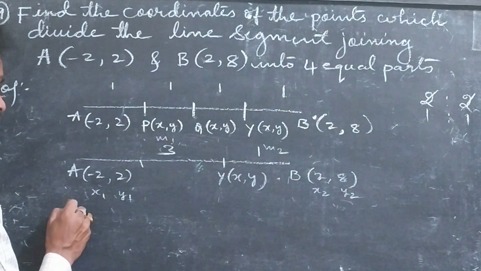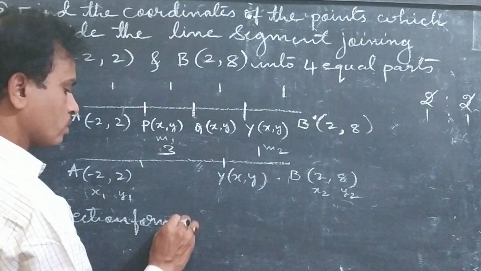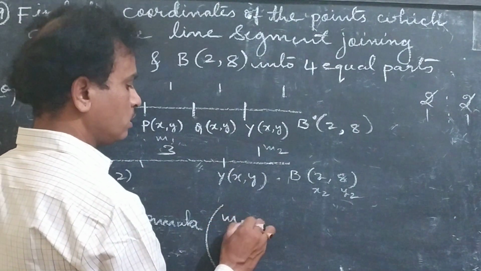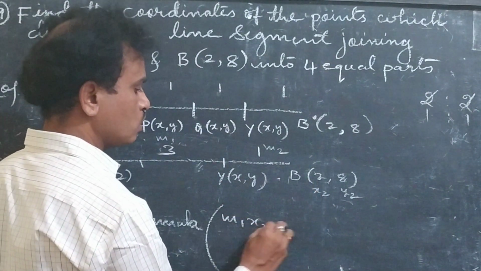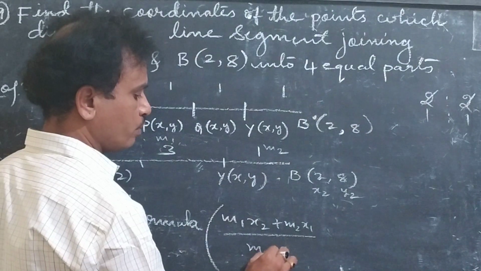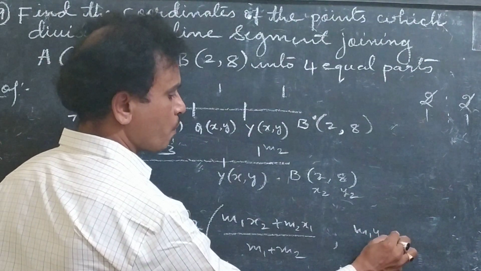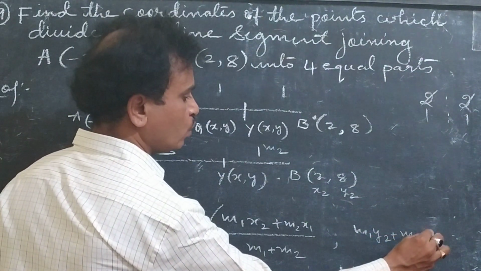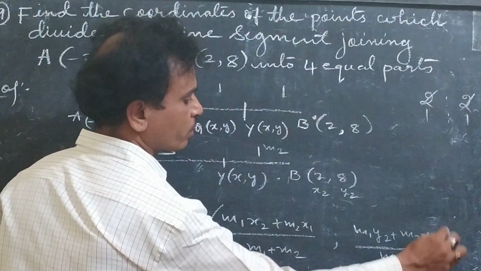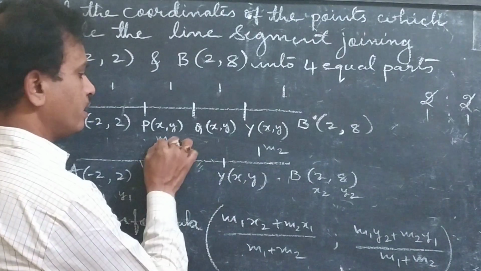So by the section formula: m1 into x2 plus m2 into x1, whole divided by m1 plus m2, then m1 into y2 plus m2 into y1, whole divided by m1 plus m2.